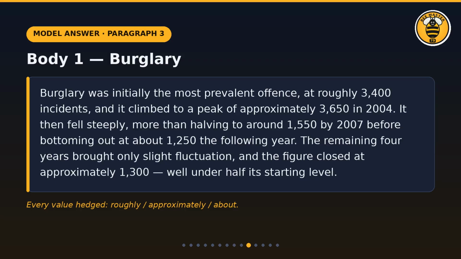Paragraph 3. Burglary. Burglary was initially the most prevalent offence at roughly 3,400 incidents, and it climbed to a peak of approximately 3,650 in 2004. It then fell steeply, more than halving to around 1,550 by 2007, before bottoming out at about 1,250 the following year.